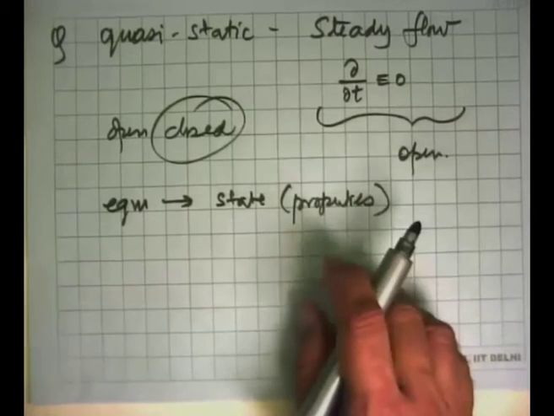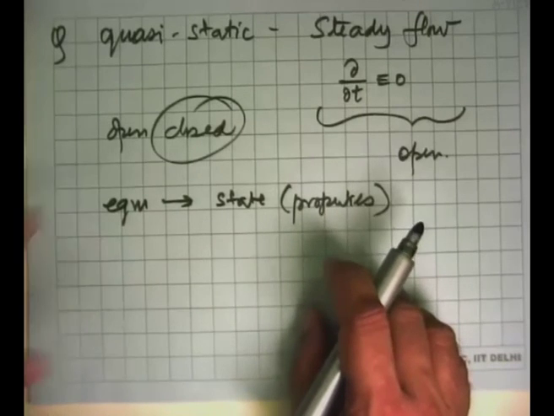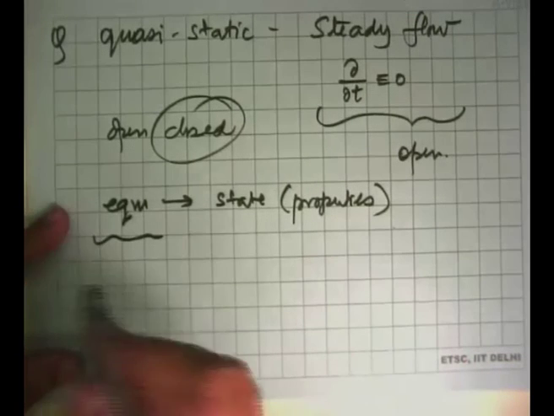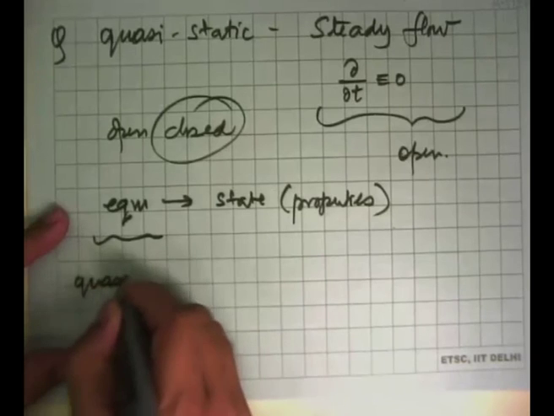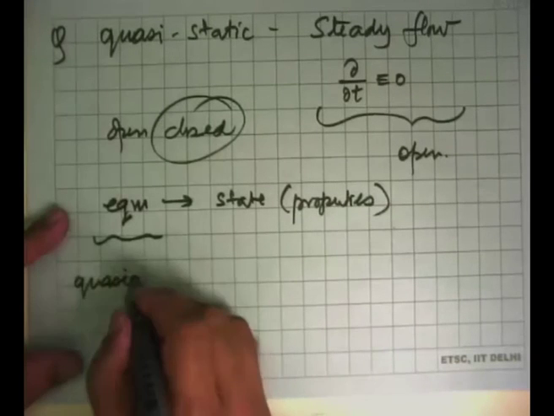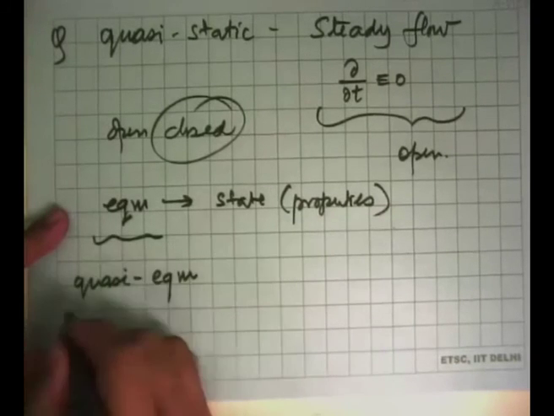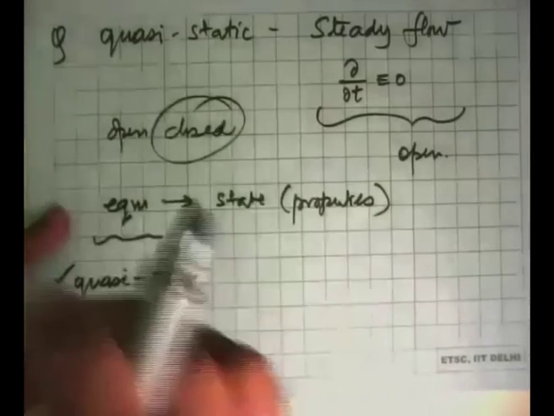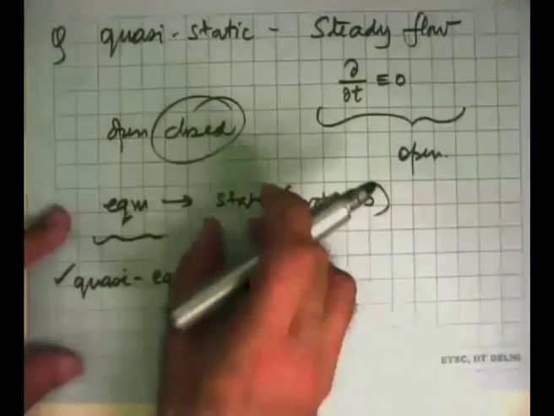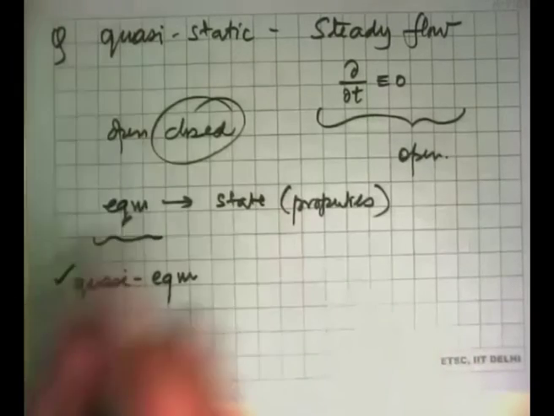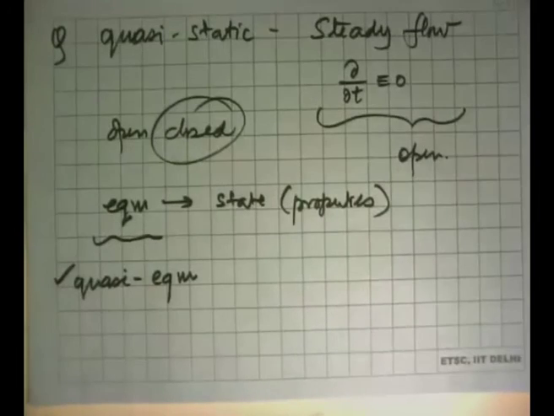So if something is changing with time, the next best assumption we can make is that I don't have equilibrium, but I will assume for a very short duration of time that we do have equilibrium. We call that quasi-equilibrium. Once we do that, we are legitimately talking about state and property. So that is the importance of this.